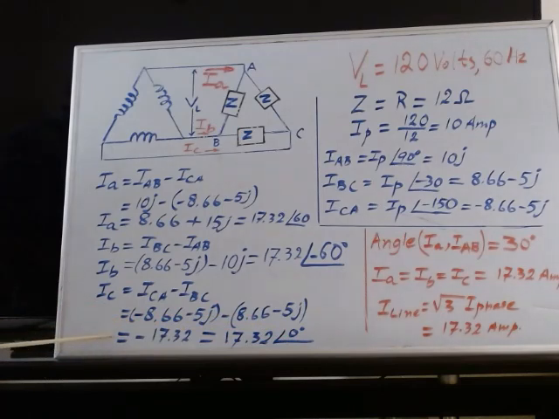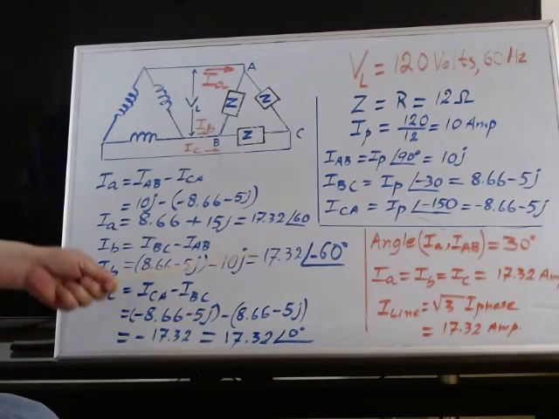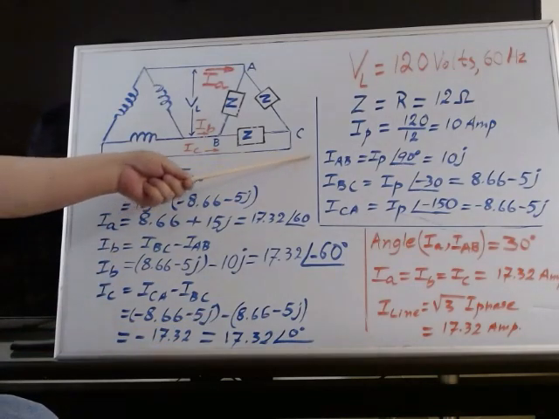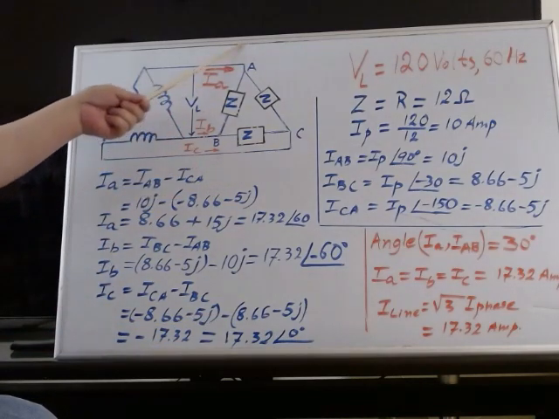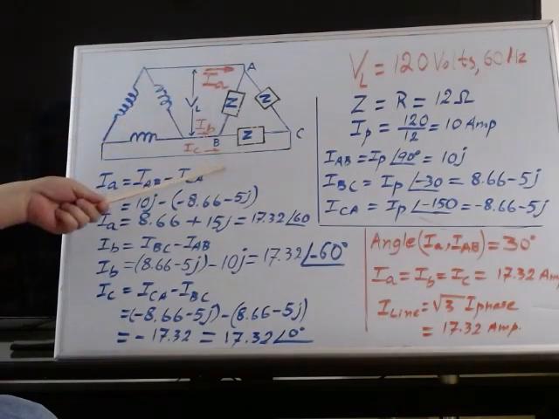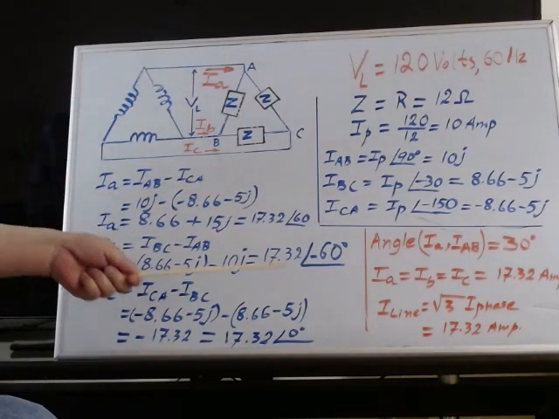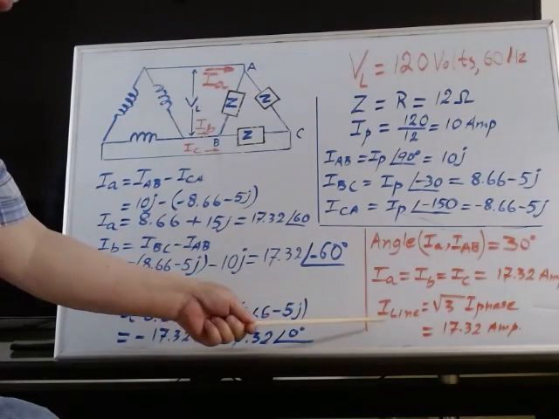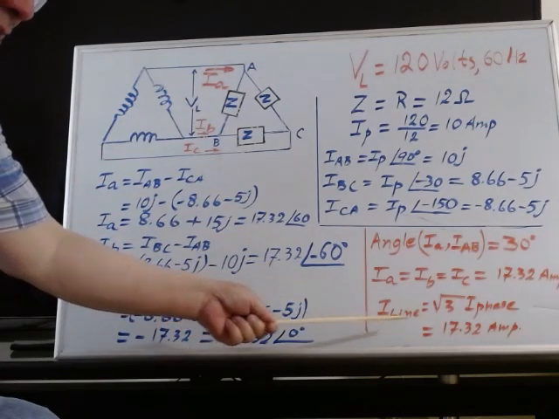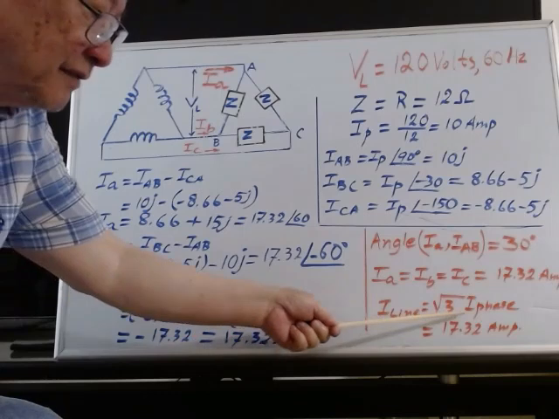Alright, now let's summarize our problem. You know that in a balanced delta load, the line current is the square root of 3 times the phase current.